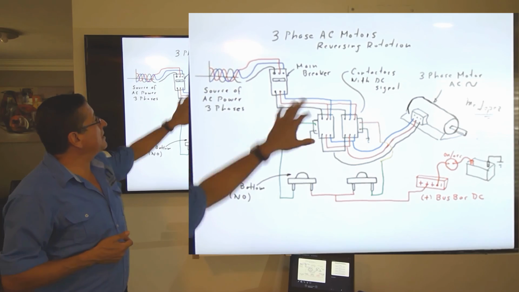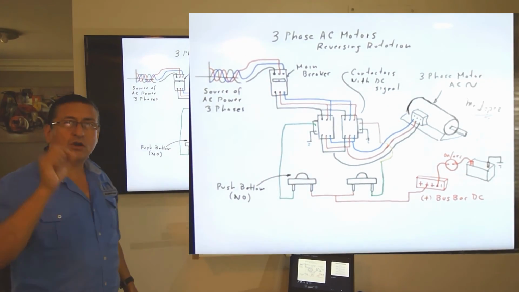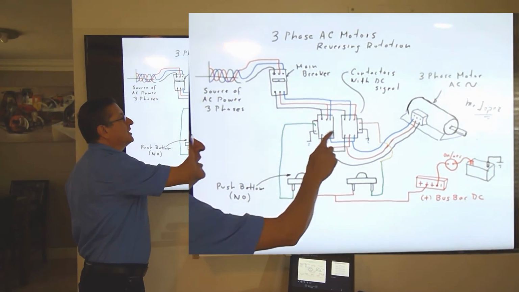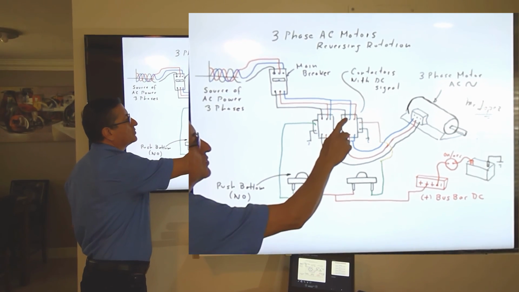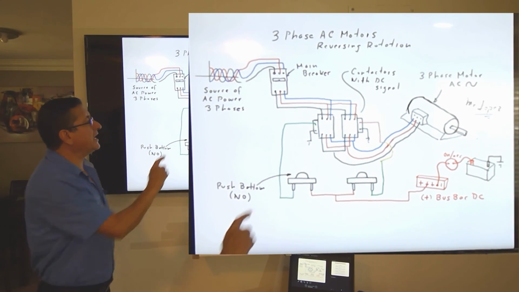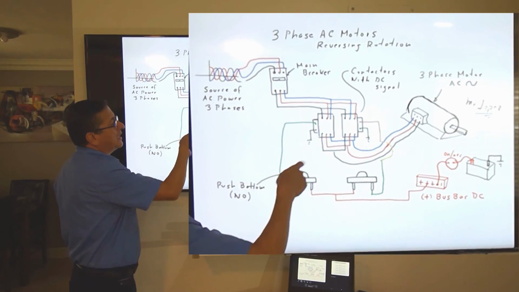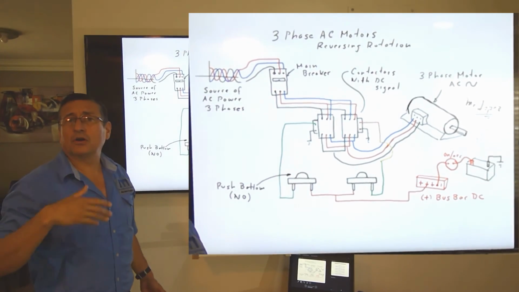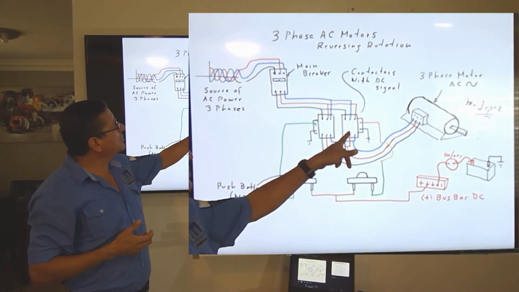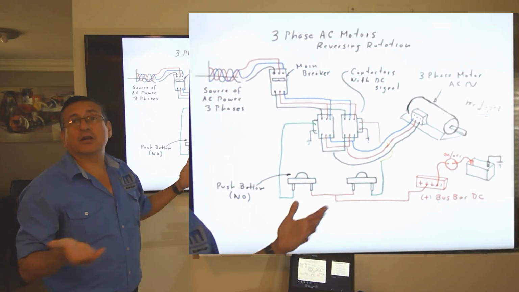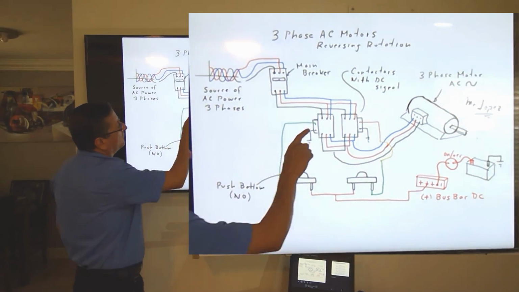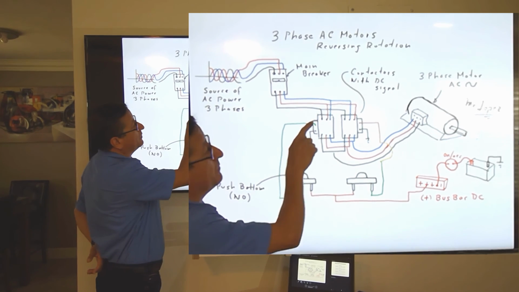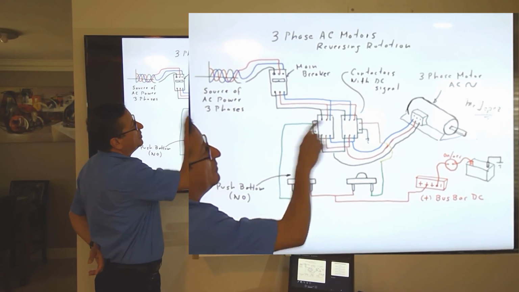The output of the main breaker enters a couple of contactors. I have 2 contactors here: 3 inputs, 3 outputs, 3 inputs, 3 outputs. The first contactor is for clockwise rotation, and the second contactor for counterclockwise. The first contactor has 3 inputs: black, red, and blue.